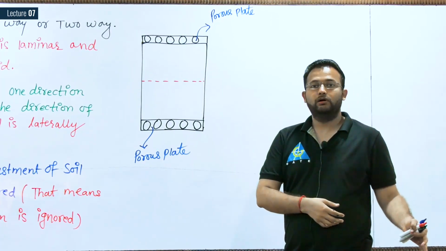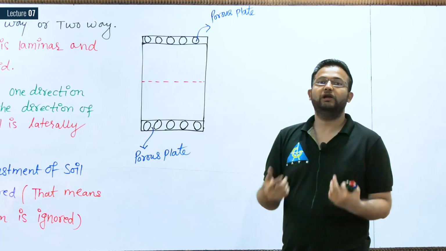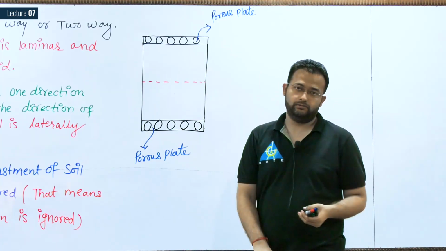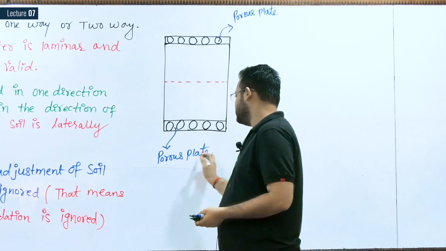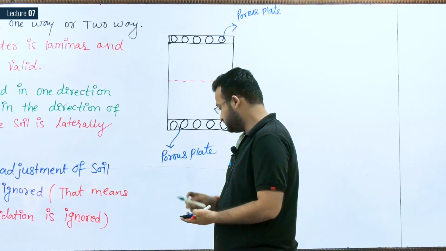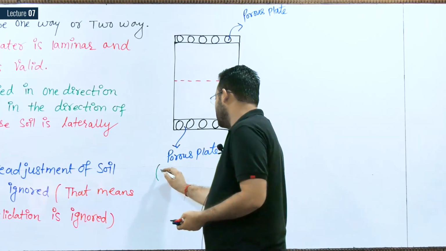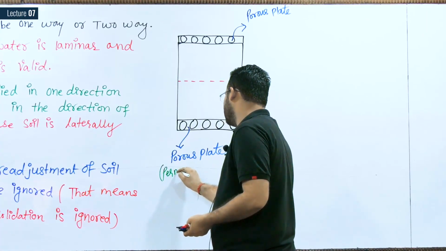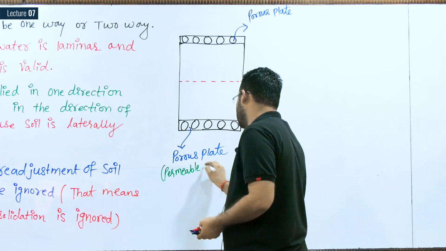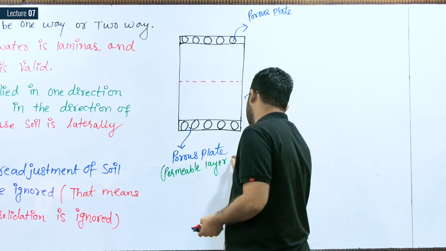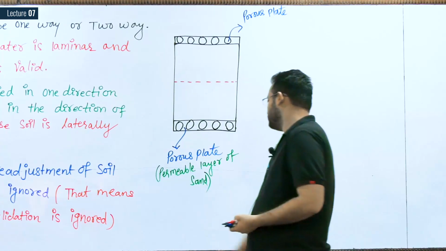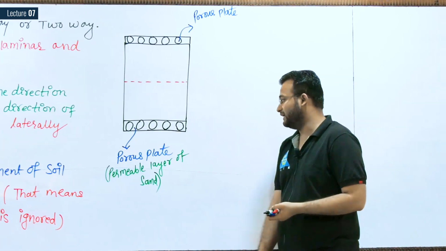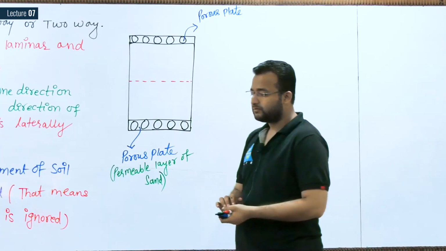So in the lab, in the place of sandy soil, we can place the porous plate. In the place of the porous plate, I can write permeable layer of sand. This you can also write.